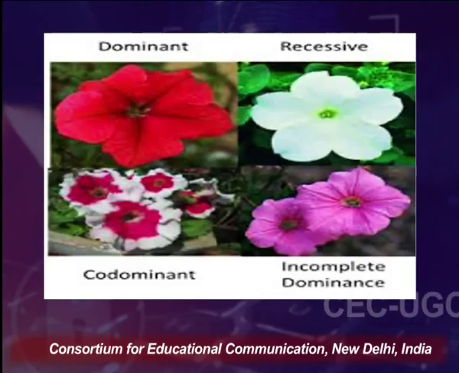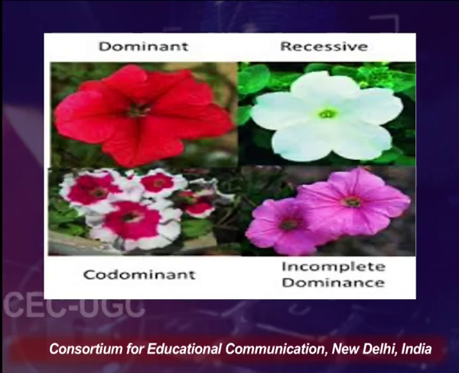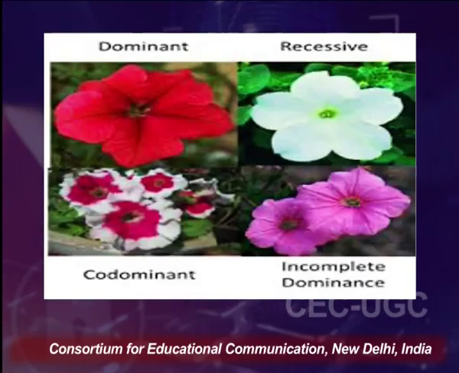But when a codominant condition occurs, in such a case the red color and the white color both have equal powers. So, the flower becomes a combination of red and white. We call this condition codominance, where the genotype of both the dominant and recessive is present, and the phenotype of the flower came out as red plus white.